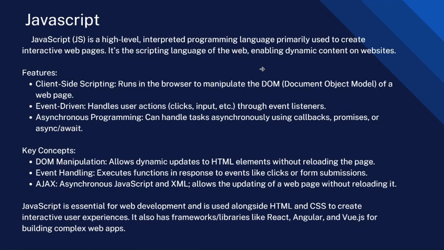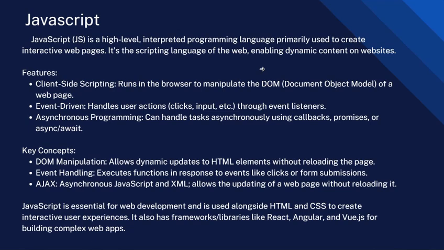Number one is client-side scripting, which means it runs in the browser to manipulate the DOM, which is the document object model of a web page. It is event-driven, which means it handles user actions, clicks, input, etc. through event listeners. Next is asynchronous programming. It can handle tasks asynchronously using callbacks, promises, or async/await functions.